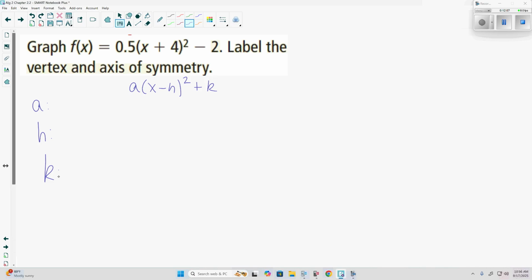So a in our case is going to be what? 0.5. Our value of h is 4, but it would be negative. Because the only way we can go from x minus h to x plus 4 is if the value of h is negative. And our value of k is -2.